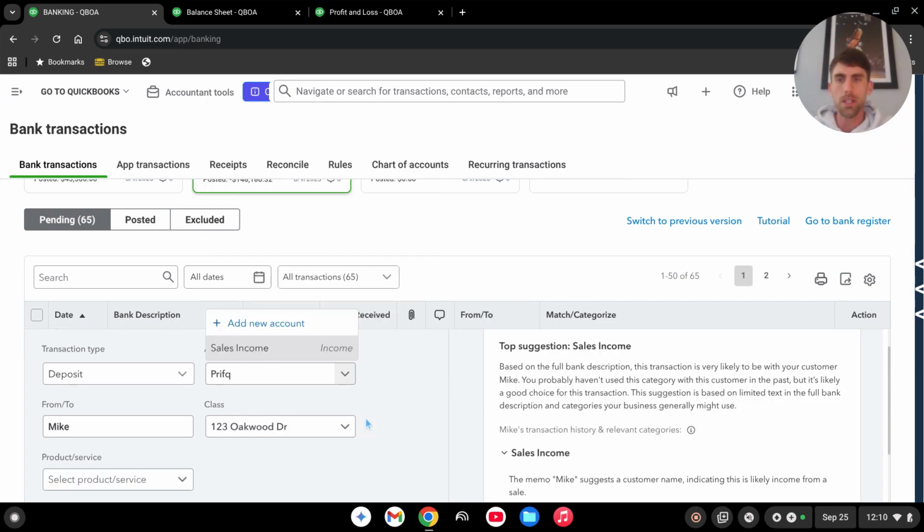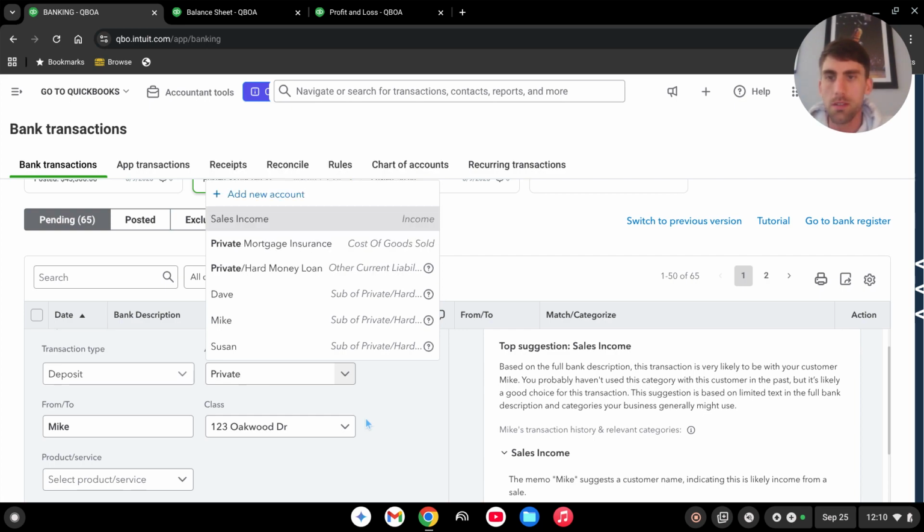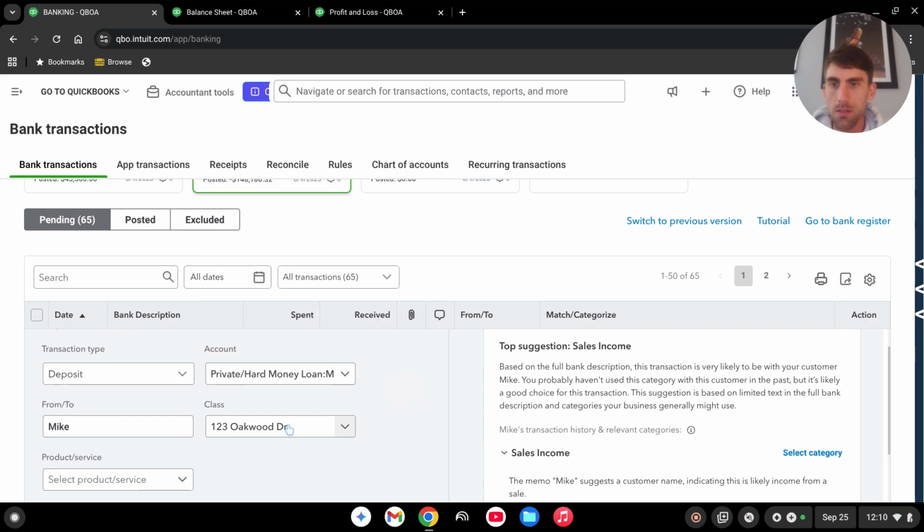So I named it private money, a private money loan, and then I have the sub accounts underneath it to separate the different lenders. So we have Mike.